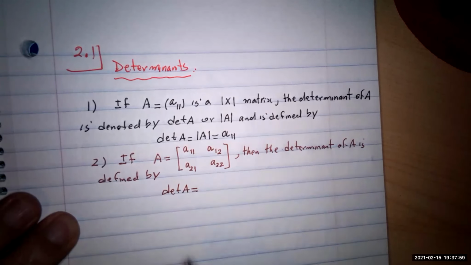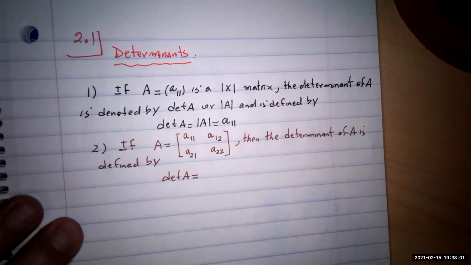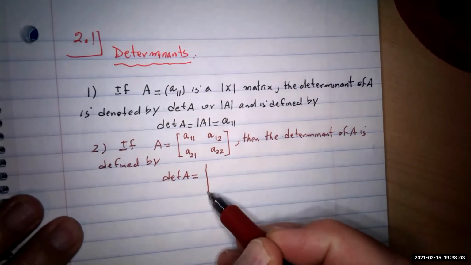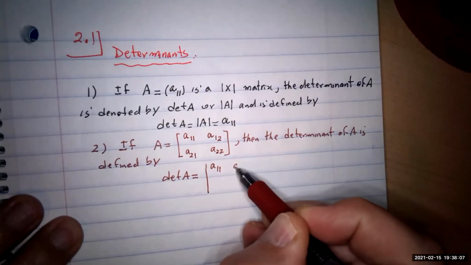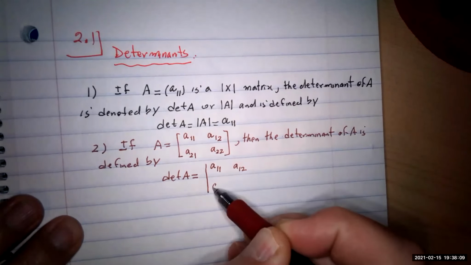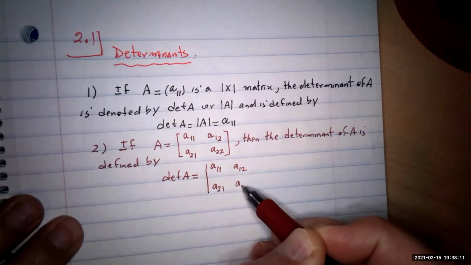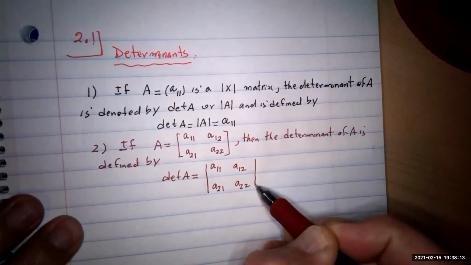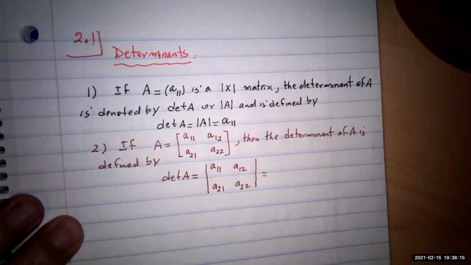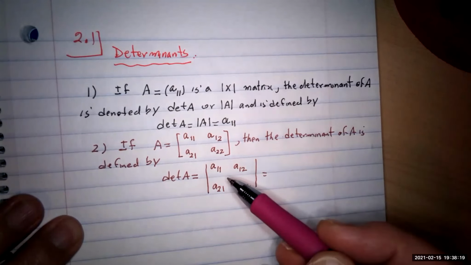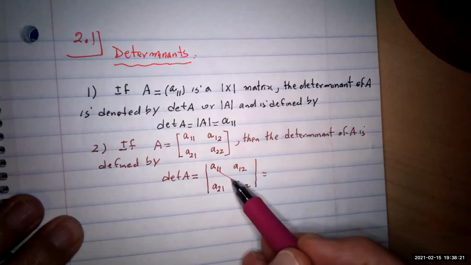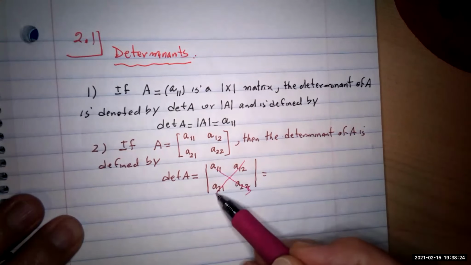The det of A is equal to, and sometimes we use this notation for a matrix, just to remind you, with vertical lines it means determinant. It's going to be kind of cross multiplication. We multiply these two together, and these two.